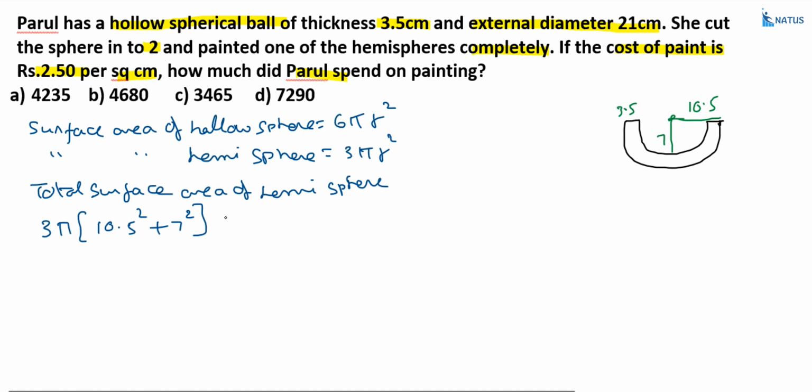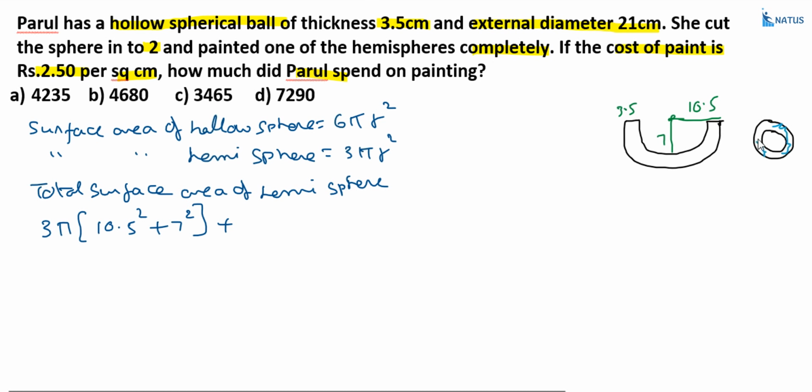Next, plus, listen carefully. Let us take this as one circle, and the inner one is this one. If you observe this hemisphere, the cut-off part looks like this, right? And what is the area of this part?